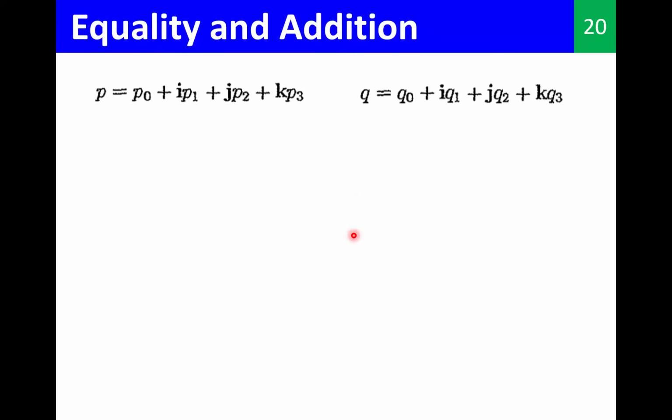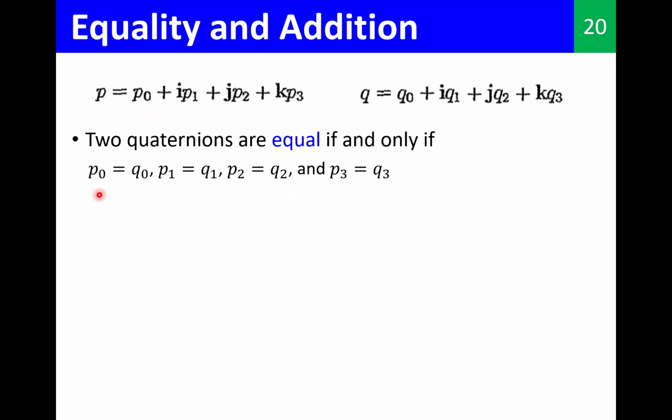To start off, we can say the two quaternions p and q are equal if these corresponding elements are equal. So p naught equals q naught, p1 equals q1, and likewise all the elements are equal. Therefore, the two quaternions are equal. Here I'm telling you the rules one by one.